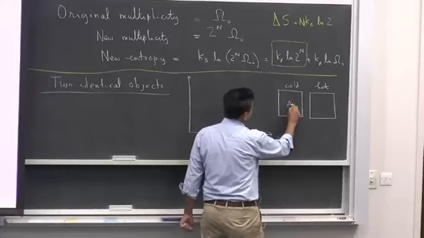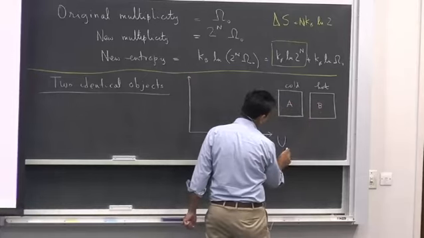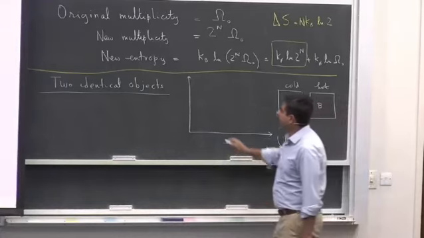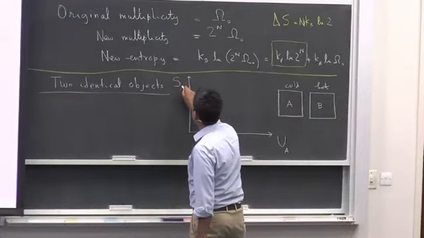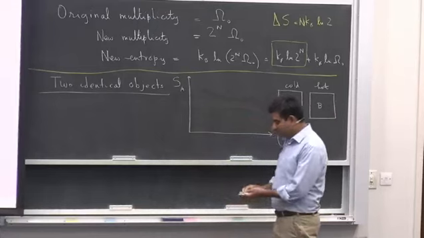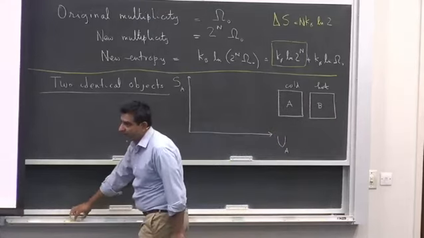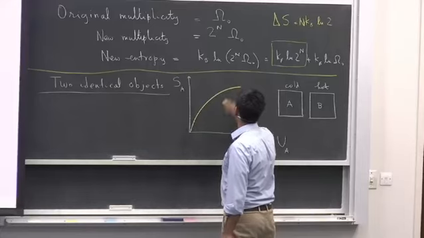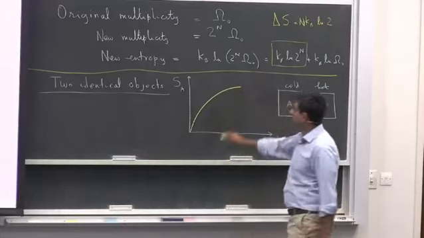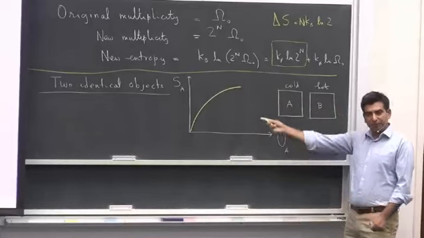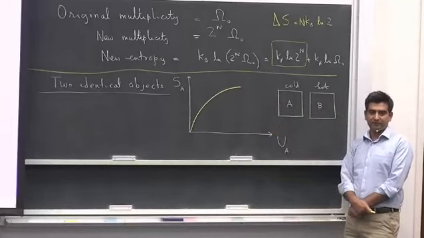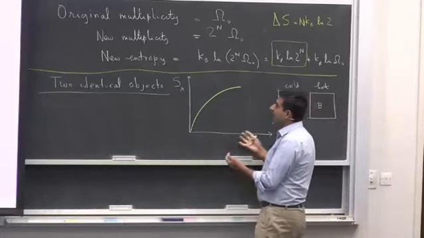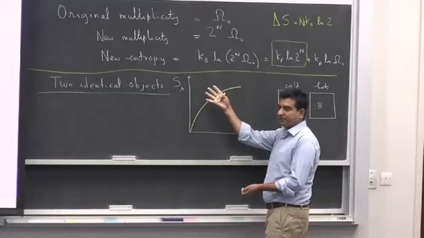Let's call this object A, let's call this object B, UA, and this is the entropy of A. The graph is concave down, and we plotted this graph. Of course, the higher the energy, the higher the entropy is.